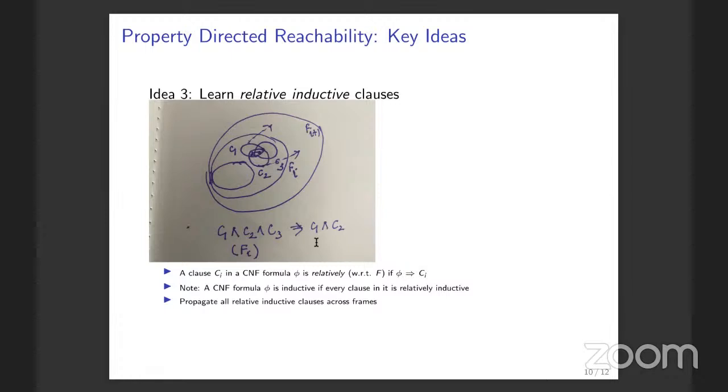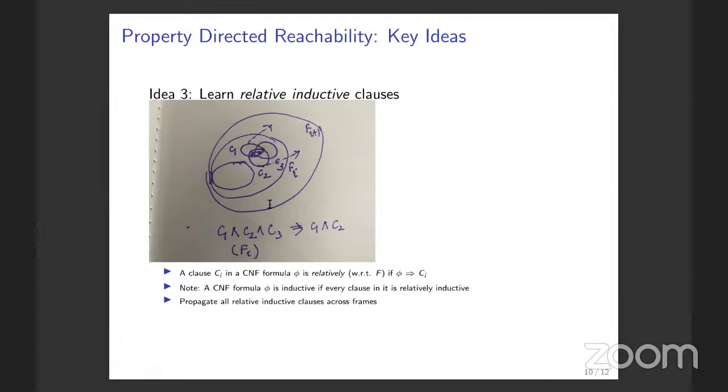After that, this is Ci prime. I should say phi and T(s, s') implies Ci prime. Basically, the prime is on the post variable. Is that clear? That was a mistake here. So that is when it is considered relatively inductive. A CNF formula is inductive if every clause is relatively inductive.